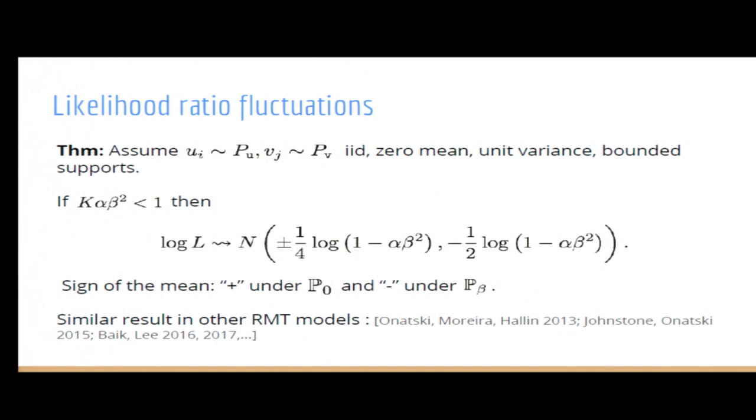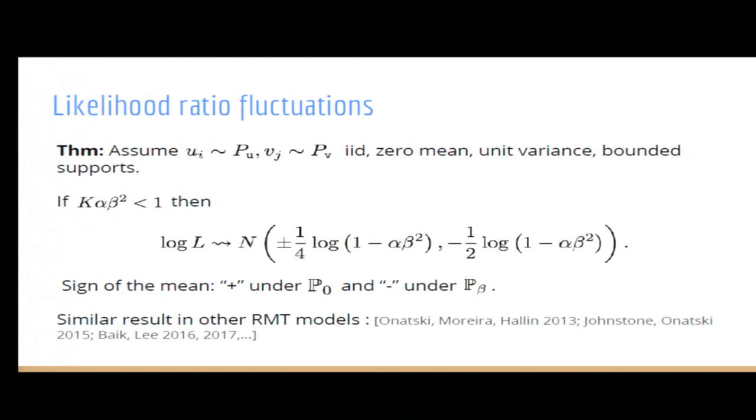Here, the plus or minus depends on whether you're under the null or the alternative, right? And we see that the BBP threshold shows up in a natural way inside this logarithm. As you approach the boundary, this will blow up. So this is a strong indication that the BBP threshold could be tight. It's also necessary. We'll talk about that later a little bit.